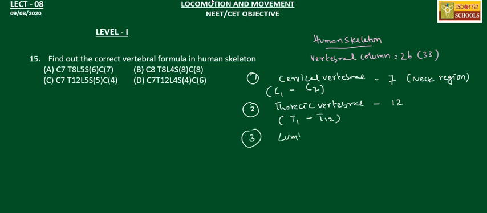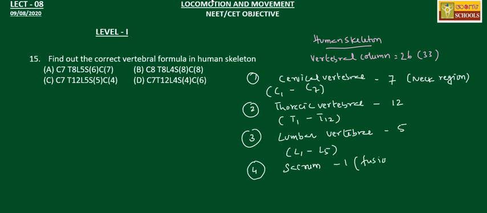Then the lumbar vertebrae. The lumbar vertebrae are designated L1 to L5, and their number is 5, located in the lumbar region, which is present below the thoracic region. Then the next one is the sacrum. This is only one, which is a fusion of 5 bones.